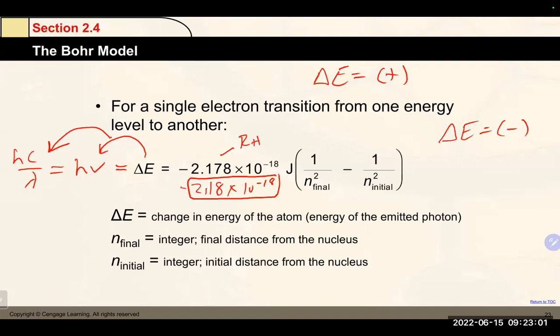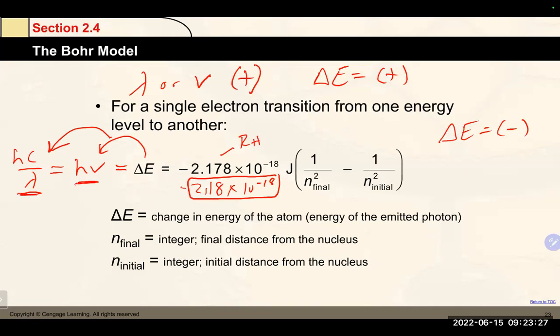That tells somebody that in this process it's negative, so we're releasing energy, or it's positive, so we're gaining energy. But you should get rid of the negative sign when you put it into these equations to calculate the wavelength or the frequency. Those values should always be positive.